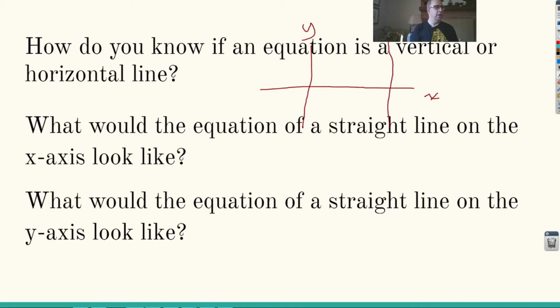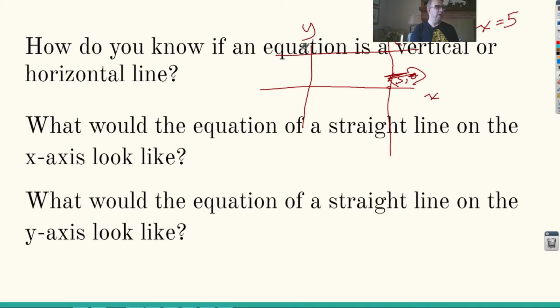So if I have a line straight up and down at, let's say, 5 for x, that would be 5, 0, that would be 5, 5, whatever. So y could be anything, and the x equals 5.